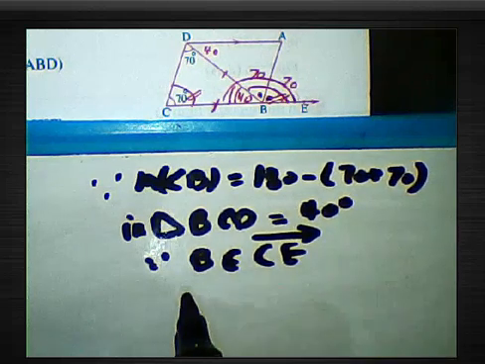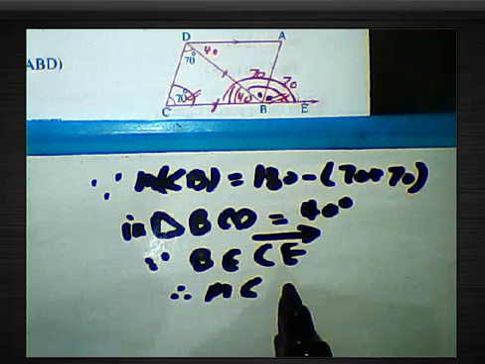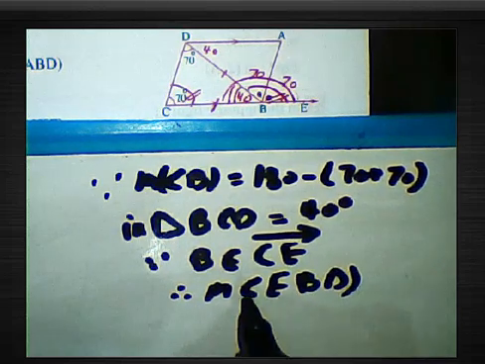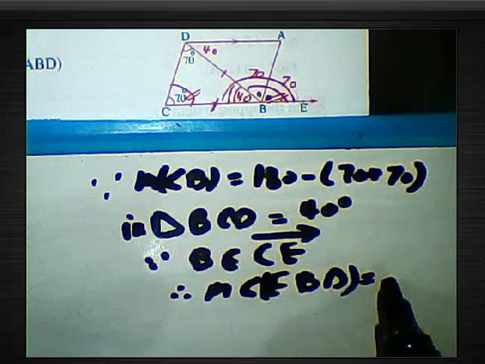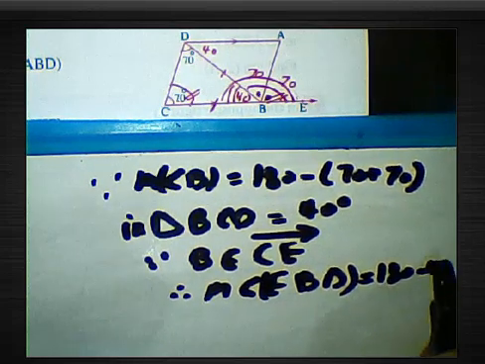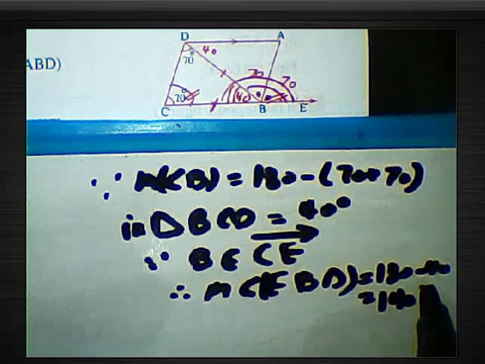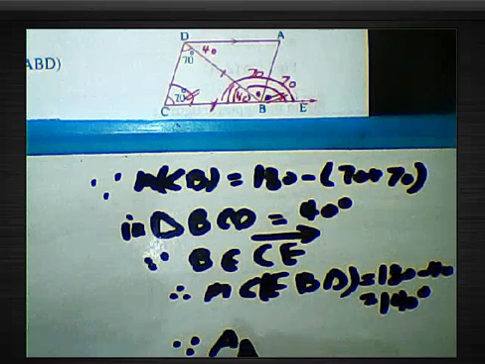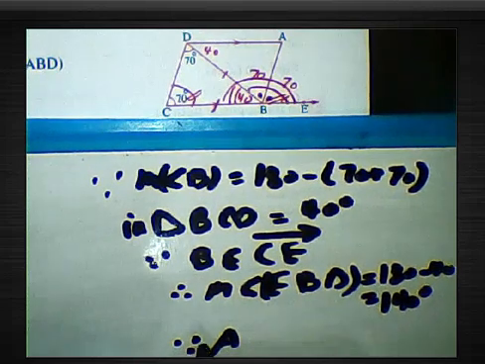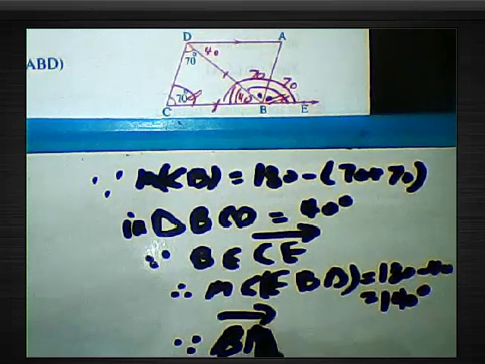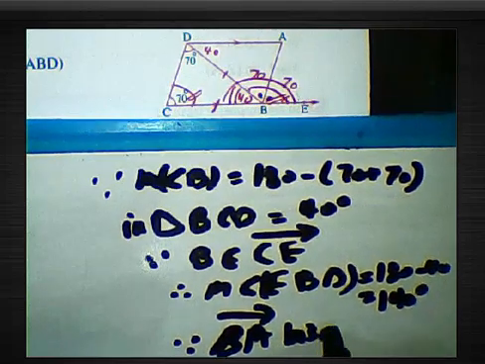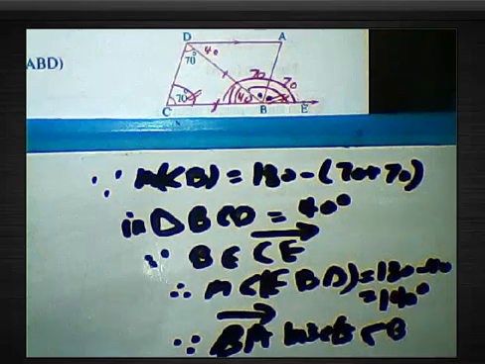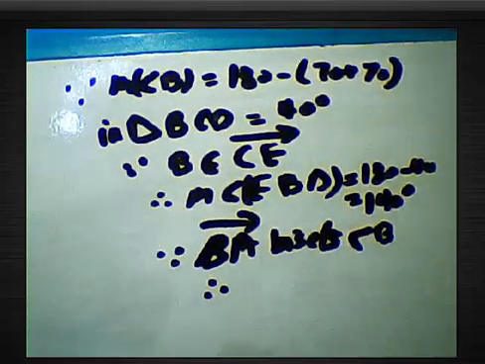Then the measure of angle ABD equals 180 minus 40, equal to 140 degrees, and such that we have AB is the bisector of PE. We have BA bisect angle B. Then we have the bisector here.